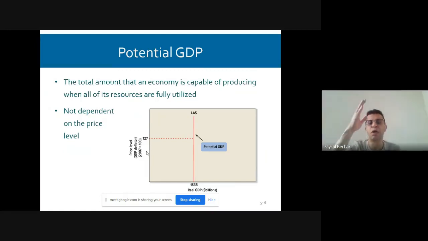And what we are operating at, for example, now is a real GDP. This is what you call potential or real GDP. Here, it's the same level.